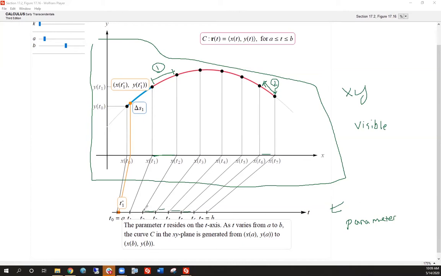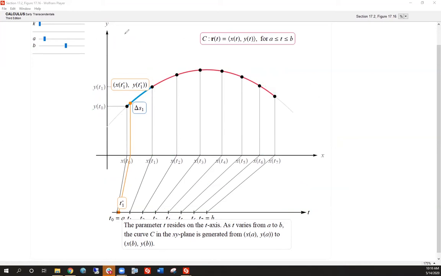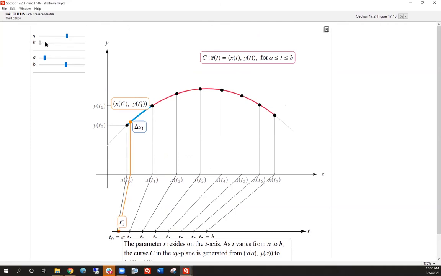So the delta t's, if you will, are invisible. You can't see them. It's like a change of time. But a delta x or a delta y would be visible. And so what we're going to do out of all this is we want to see the connection between the delta t's, or what's happening in the t world, and delta s.